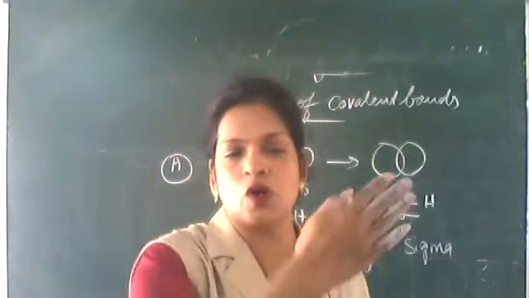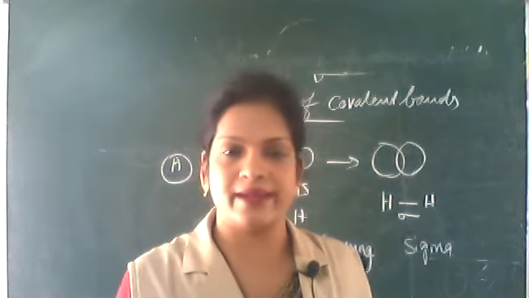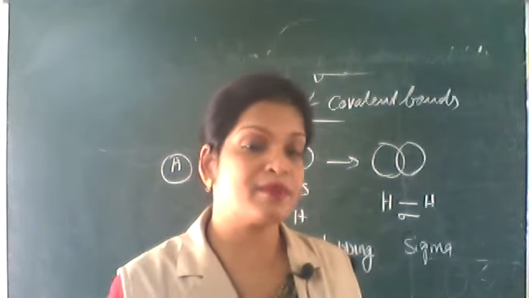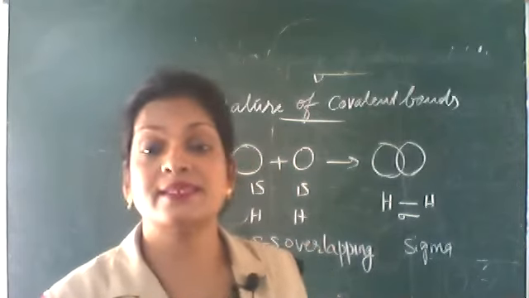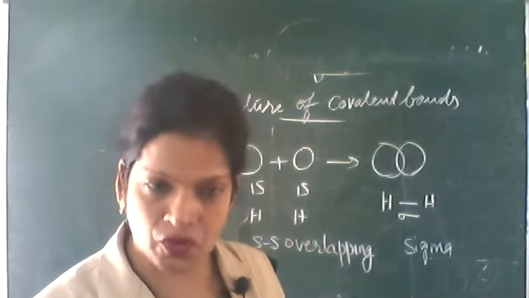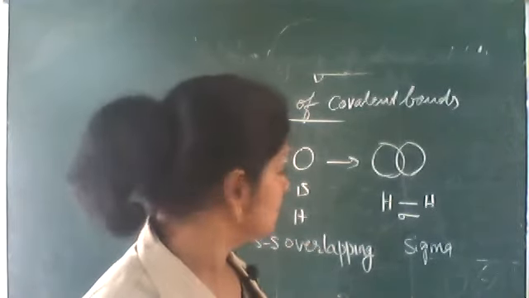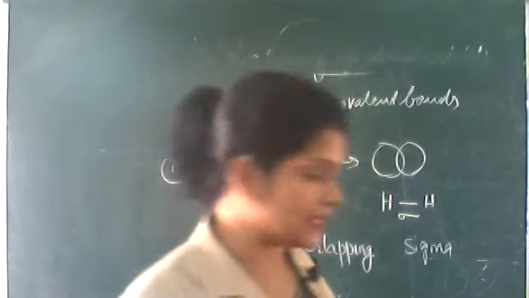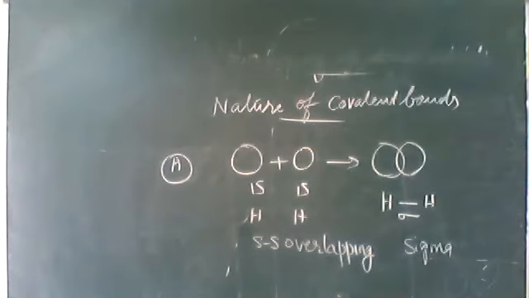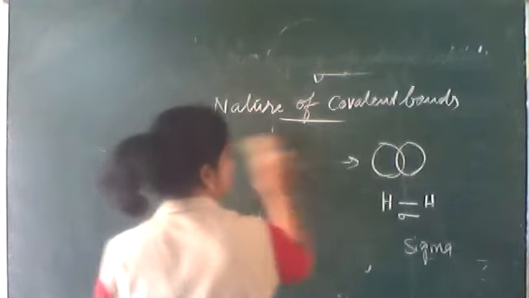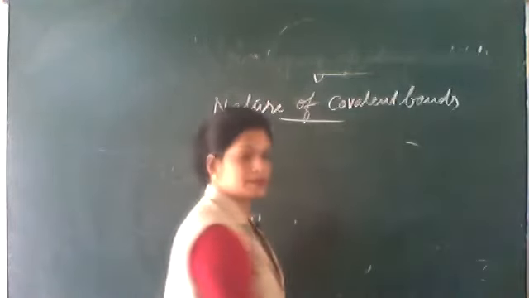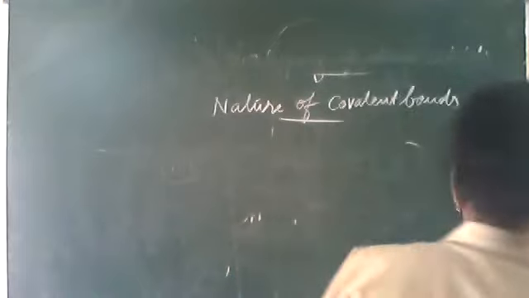That is strong overlapping. Along the internuclear axis there can be maximum overlapping, and that results in a sigma bond. A sigma bond is a strong bond. It cannot be broken easily. If it is along the internuclear axis, maximum overlapping is possible, so a strong bond is formed.